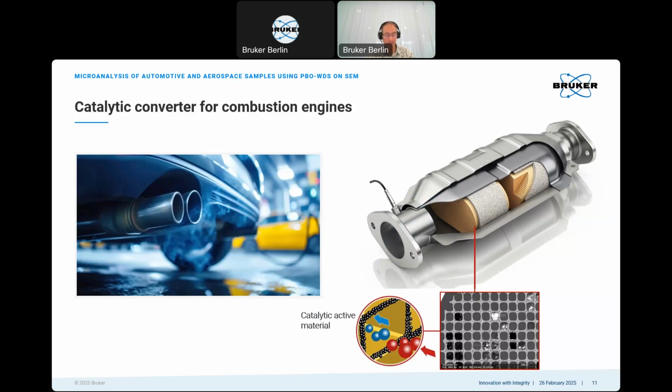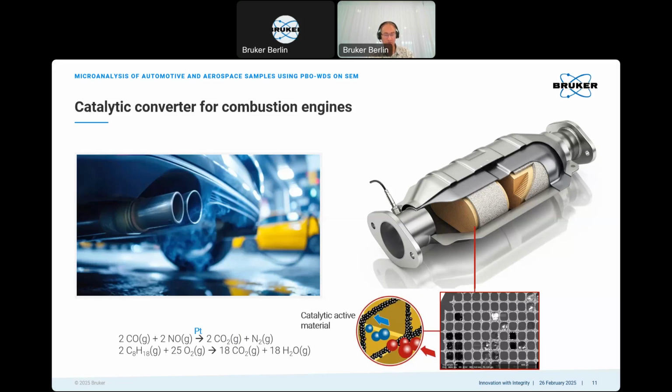The effect of the catalyst is oxidation of carbon monoxide to carbon dioxide and reduction of nitrogen oxides to nitrogen. With this, the catalytic converter can decrease the NOx load by about 80 to 90%, and the carbon monoxide load by even 90 to 98%.